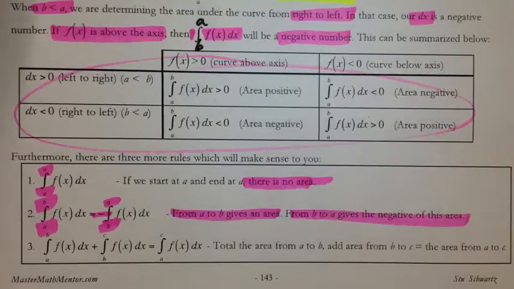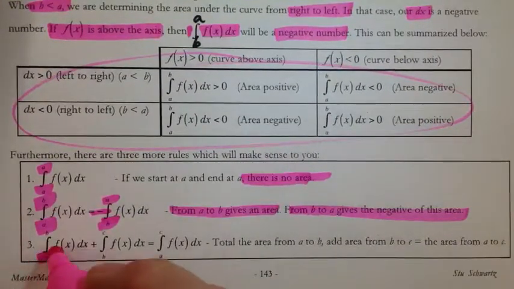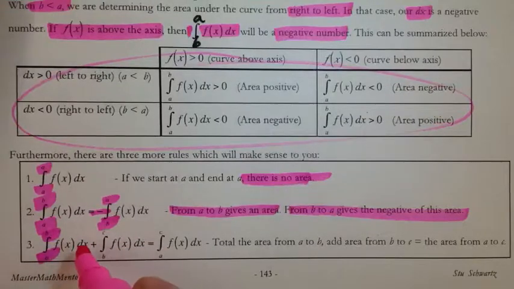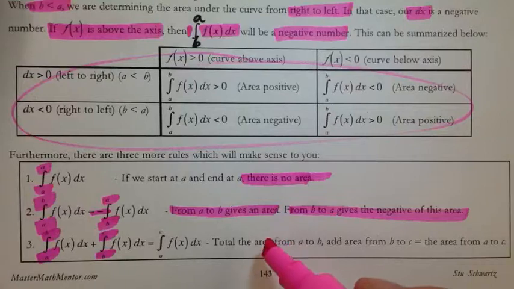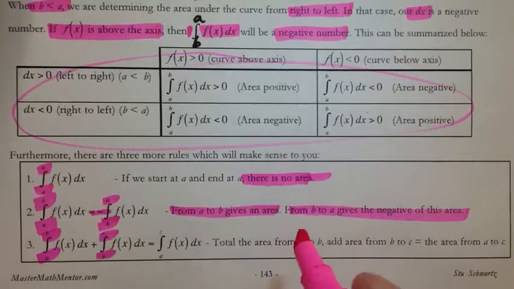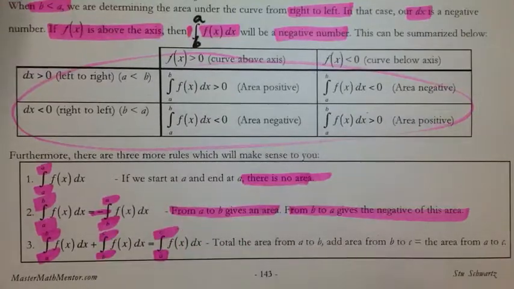Now the last one that is going to come into play today: when you integrate from a to b, you're finding the area from a to b under the curve, and you add to that the area from b to c. It's just like the transitive property of real numbers. You also get that with integrals.